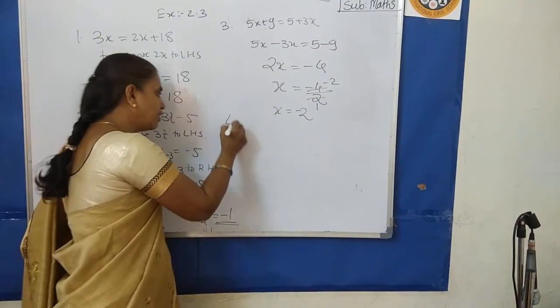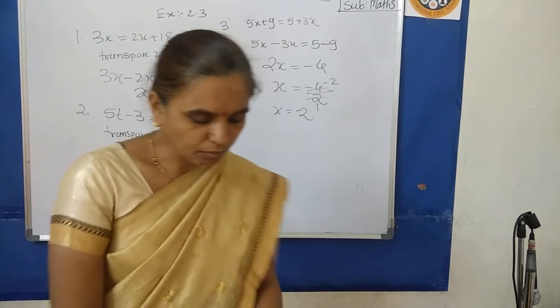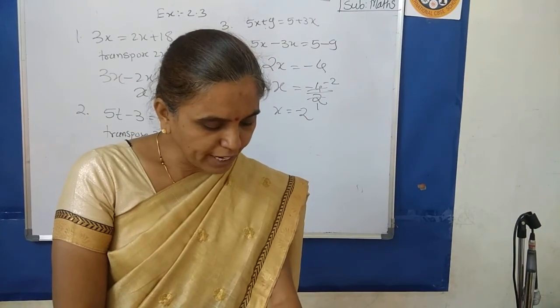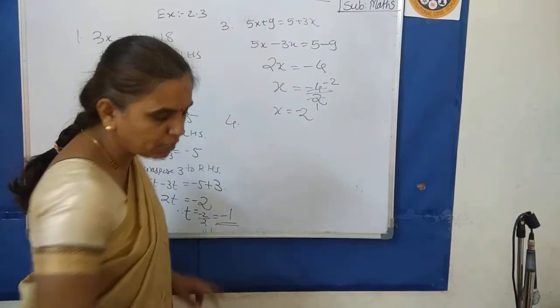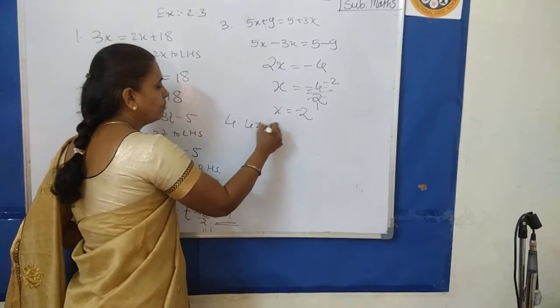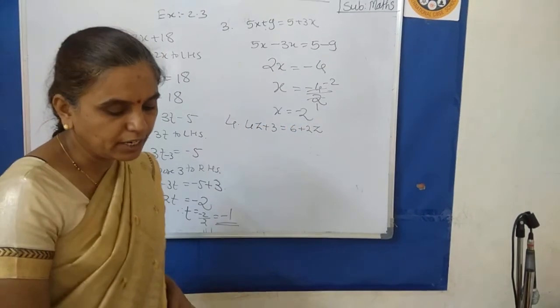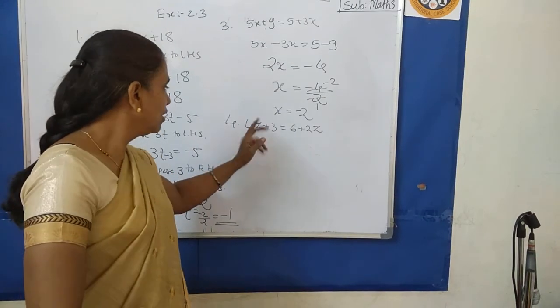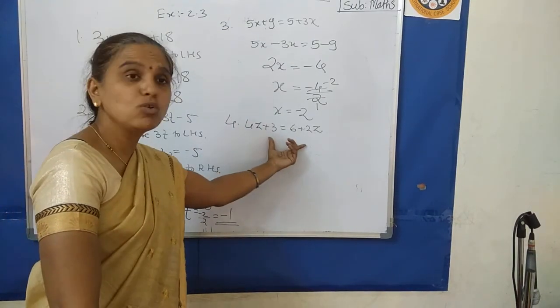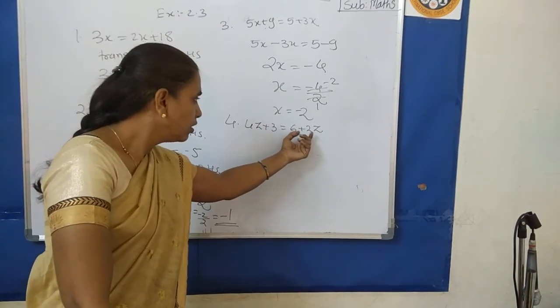Now the fourth example, 4z plus 3 is equal to 6 plus 2z. Z is the variable here. In a similar way we can transpose the variables.